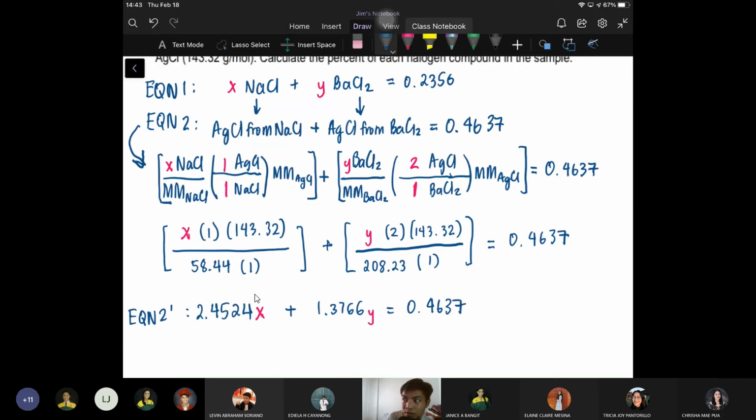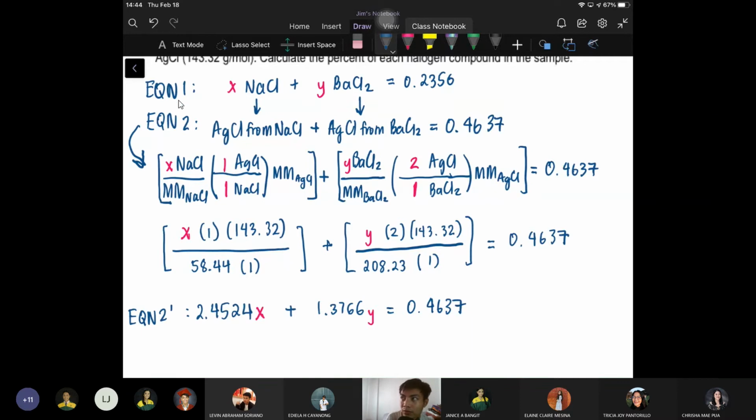So 2 times 1 is, yun, ito na yung mass ng AgCl na nagawa natin from NaCl. Kunwari, alam mo na yung value ng y. Kunwari, 2 to. So, ibig sabihin nun, this times 2, yun yung mass ng AgCl that was formed from BaCl2. Okay? Kasi, so, ganun lang.